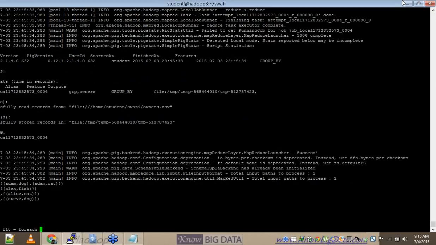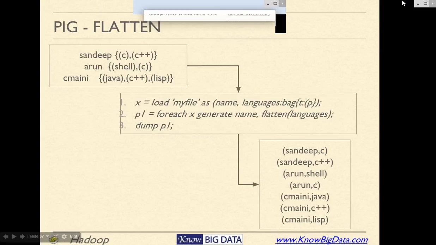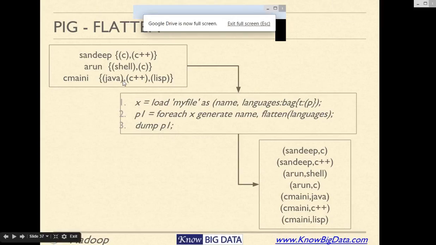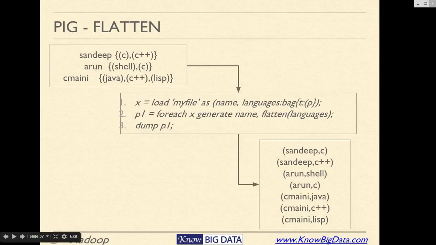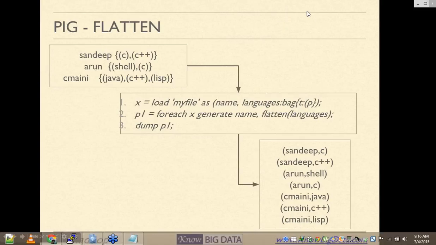Let me first show you what we do. We load the file and then we say for each x generate name, comma, flatten the languages. It will put one language per name, so it's basically going to flatten the file for you.